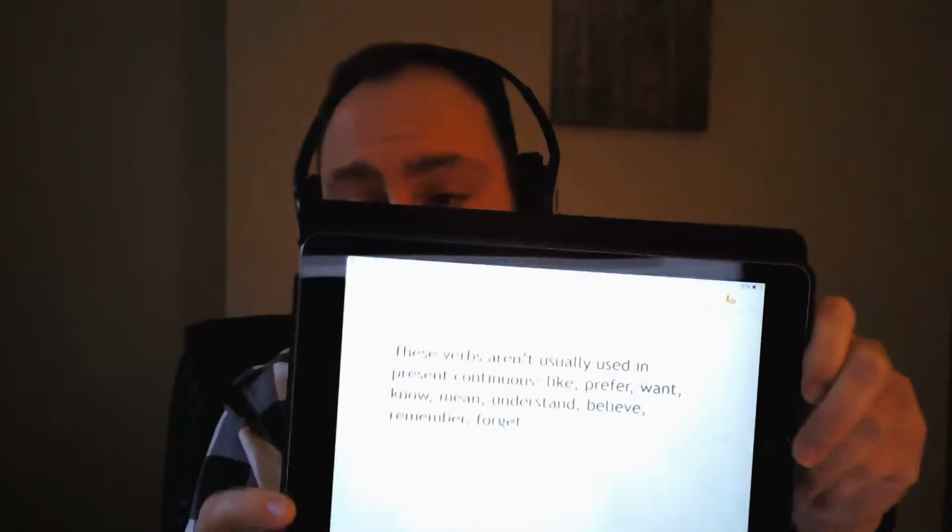So you see all of these verbs, they're in the chat box as well. All of these verbs are talking about states. They're not talking about actions, something that you do. It's about a state of mind or a state of being as well. So we wouldn't use those in continuous normally.